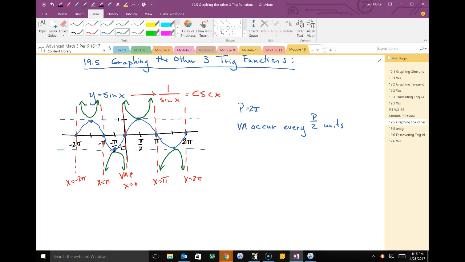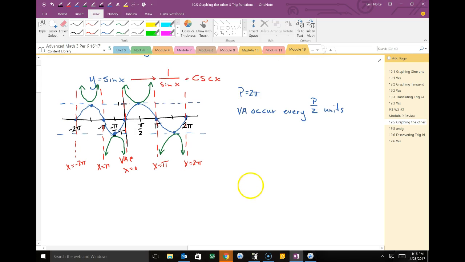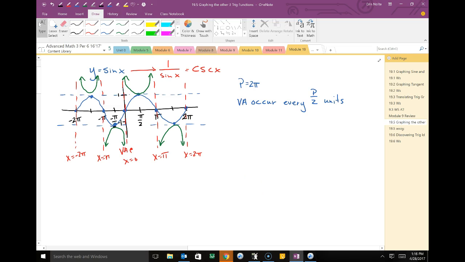Okay, so the cosecant function is literally parabolas alternating from upwards to downwards, upwards, downwards, separated by those amplitude lines. So you might call this like a parabolic party. No? Oh, I'll think of something. Whatever.